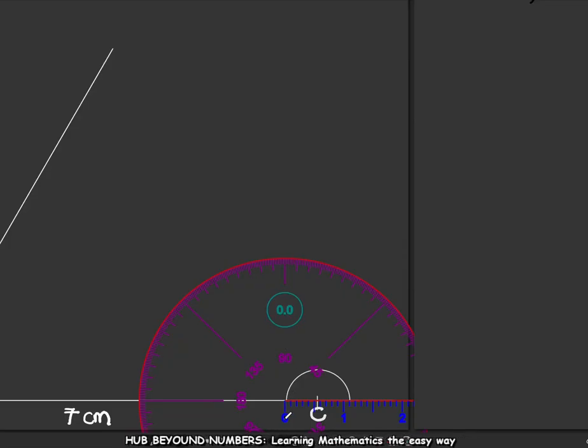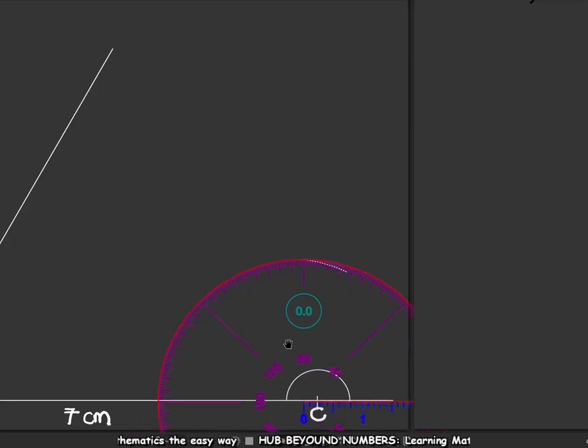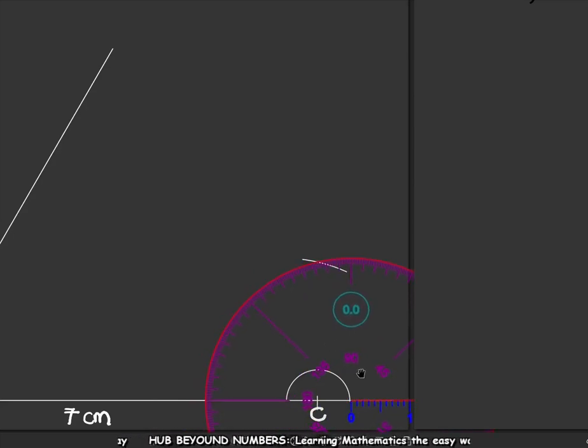So standing at one point, I'll draw an arc above it. And then with the same radius I used to draw that arc, I stand at this other end over here, right? So standing at this end, I draw another arc and I make sure it intersects the other one.